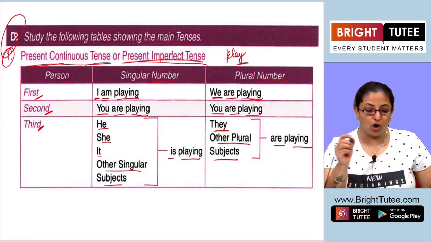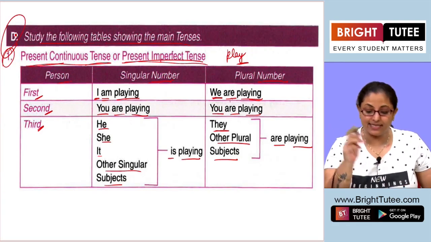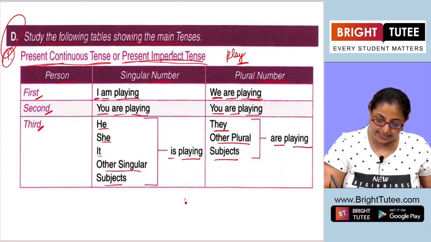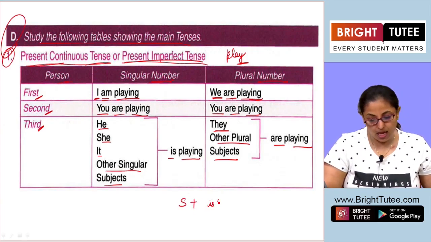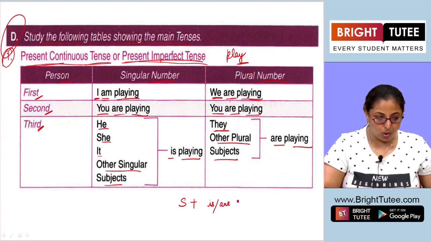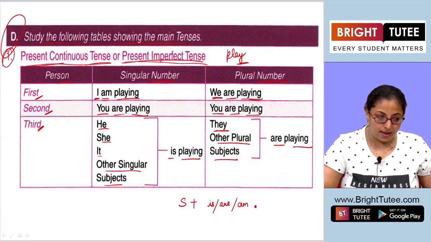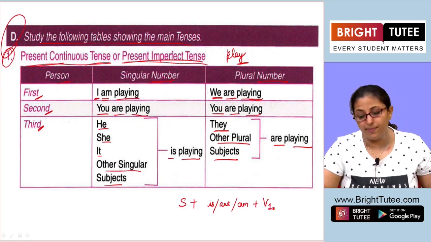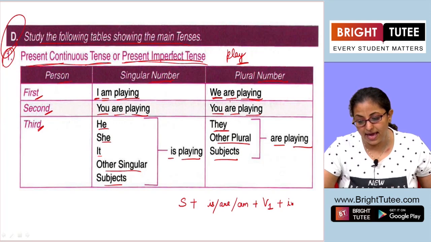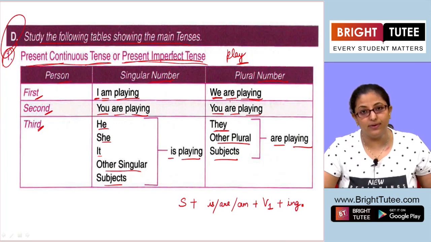The structure of present continuous tense is subject plus is, are or am plus the first form of verb plus ing, right?